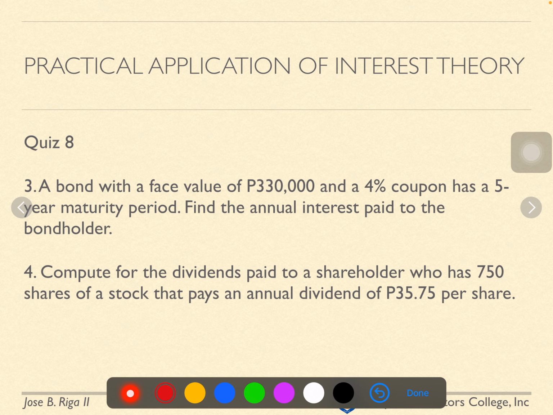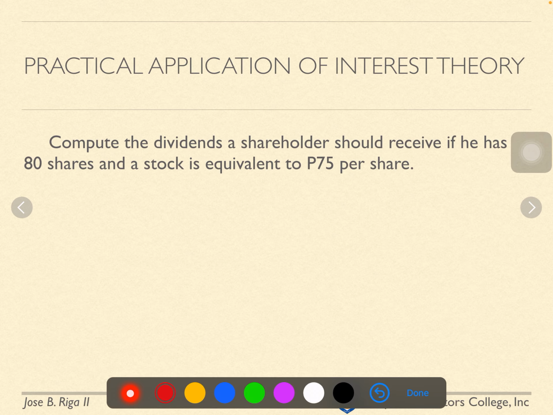For this topic, you will need to answer these two problems. Now let's have an example. Compute the dividends a shareholder should receive if he has 80 shares and a stock is equivalent to 75 pesos per share per year.